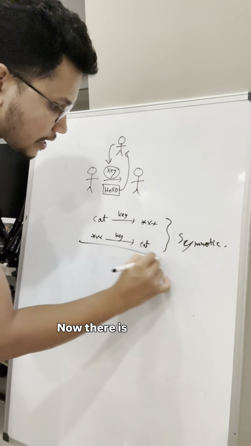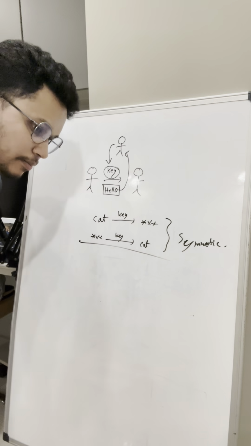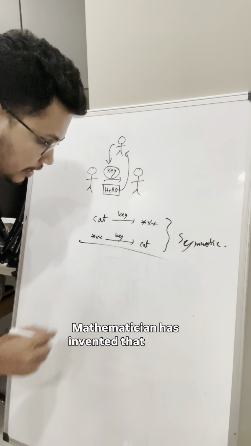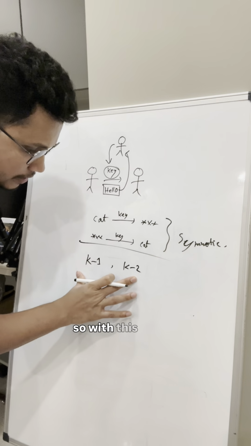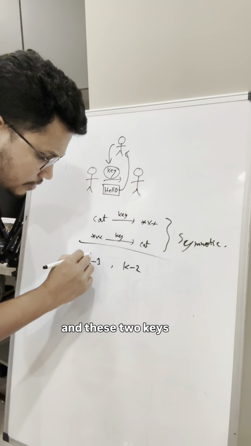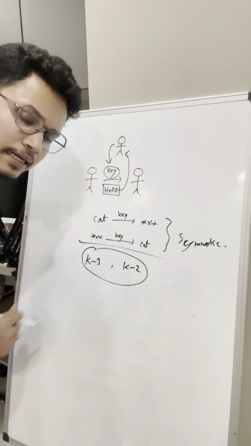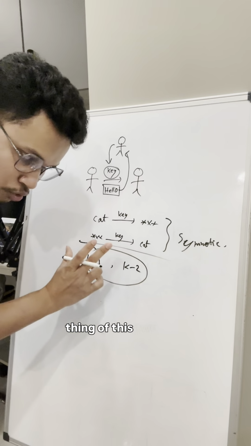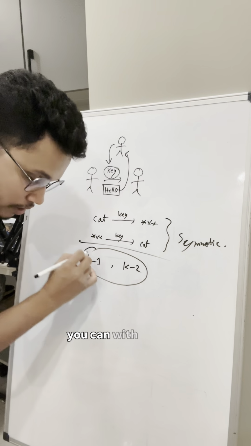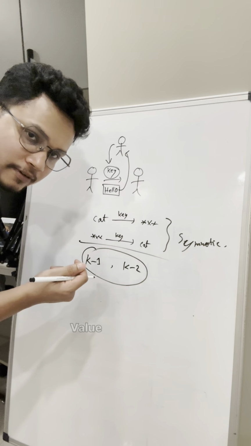Now there is another method. A mathematician invented that you can have two keys. Let's call them key 1 and key 2. These two keys are mathematically connected. The special thing about these two keys is that with key 1 you can only encrypt the value.